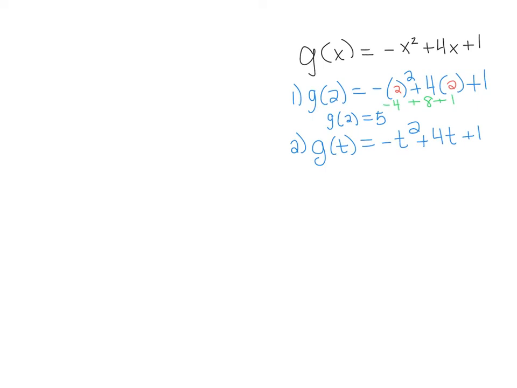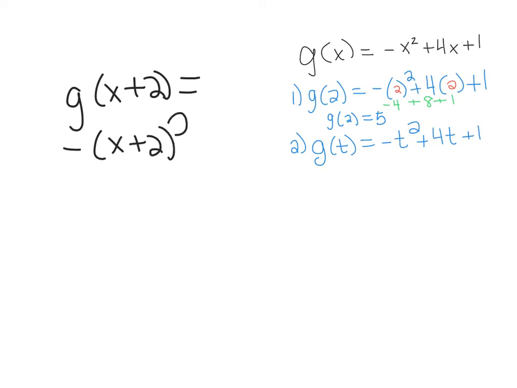So I want you to take a second, go ahead and pause the video, and try to find g of x plus 2, which, let me help you set it up. It's going to be negative x plus 2 squared plus 4 times x plus 2, and then plus the 1 you had on the outside. So go ahead and try.